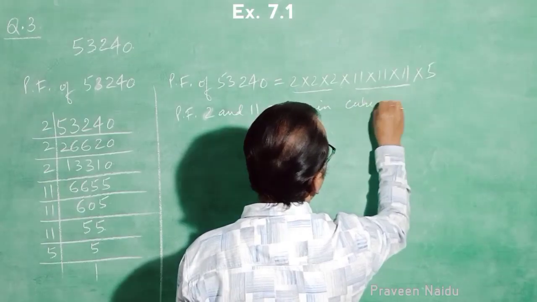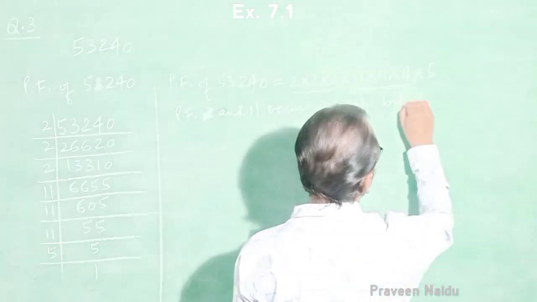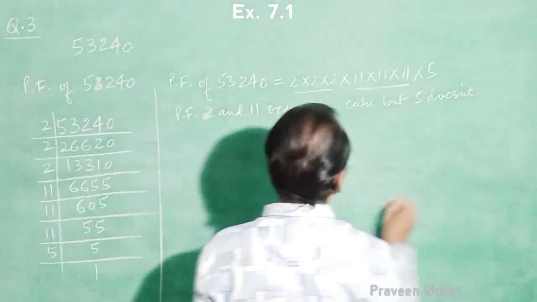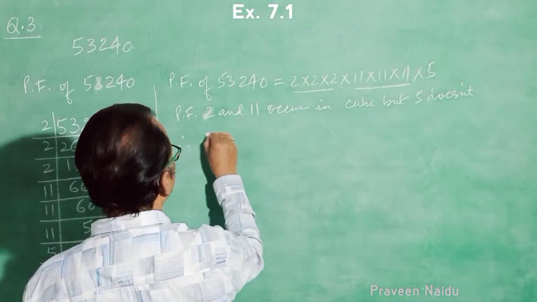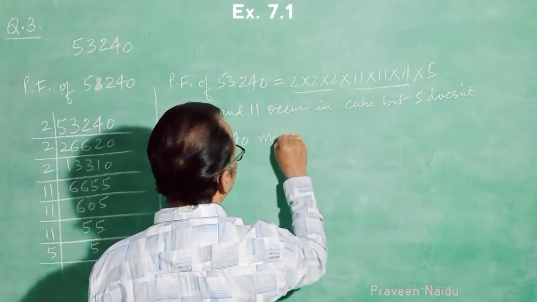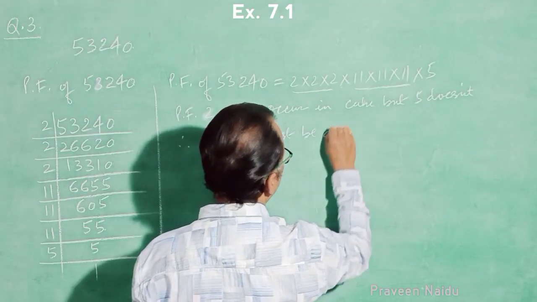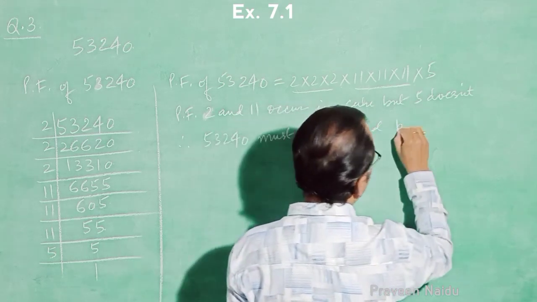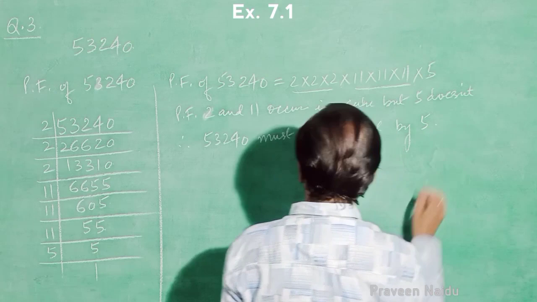To remove factor 5, we have to divide the number by 5. That means 53,240 must be divided by 5.